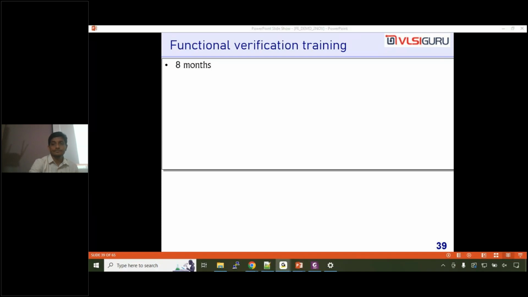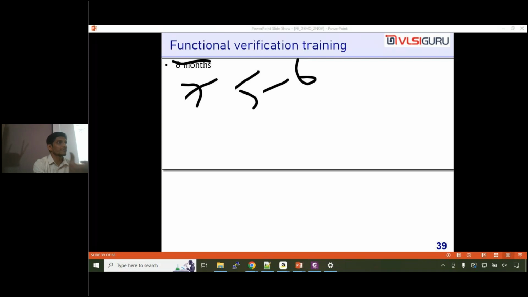The reason is, I know many institutes finish in 5 months or maximum 6 months. It is not sufficient to get a job. If you are already good with Verilog, let's say you are an expert in digital design, you are prepared for the GATE exam, and you are very good with digital design, then out of 8 months, you reduce 1 month, so 7 months. You don't need to do digital design.